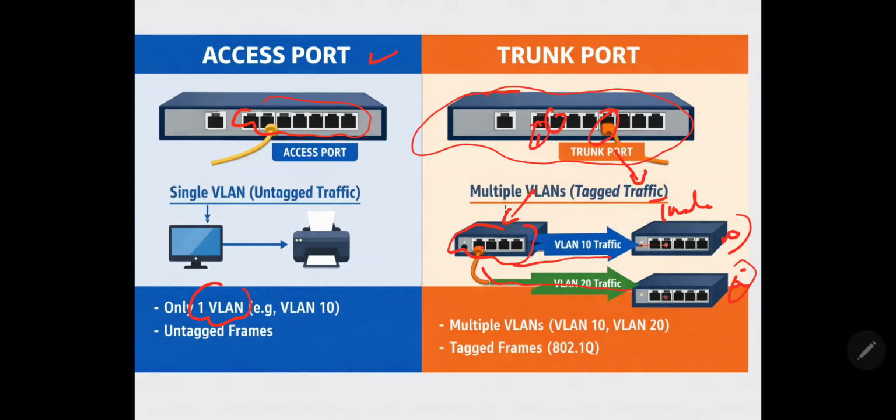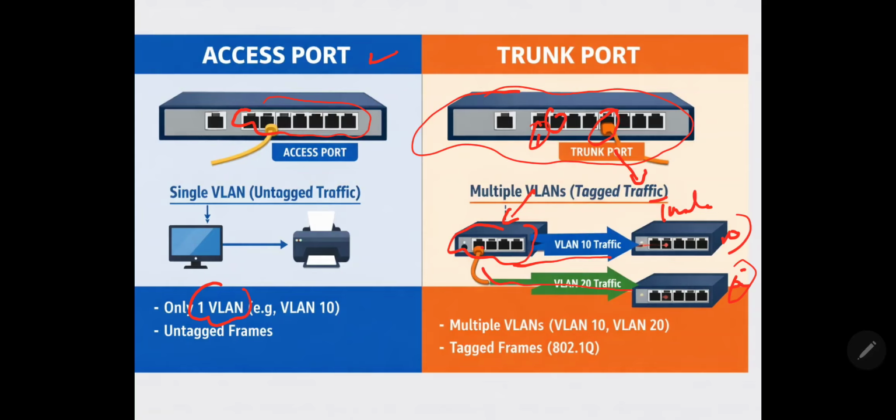The device does not know anything about VLANs. The switch automatically places the traffic into the correct VLAN. A finance computer cannot directly access other devices because it is isolated in VLAN 20.